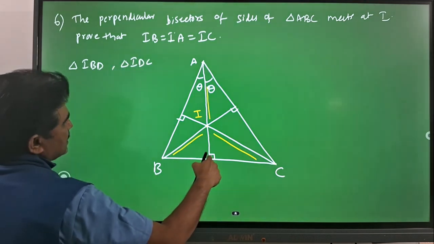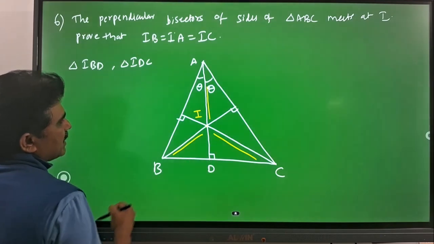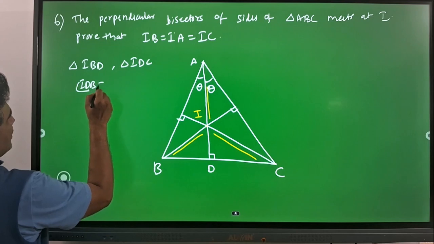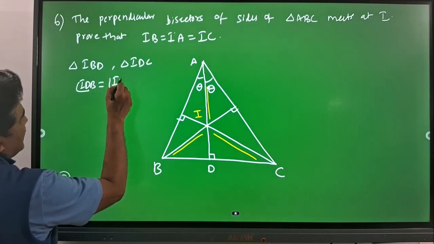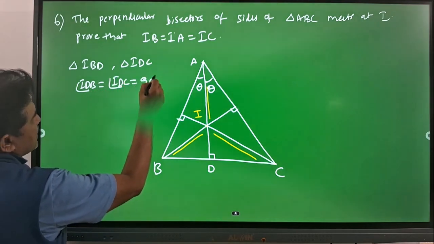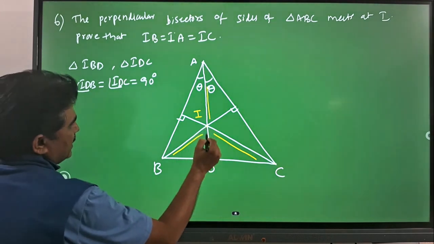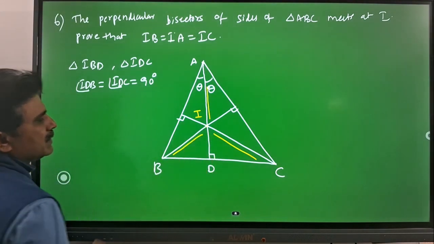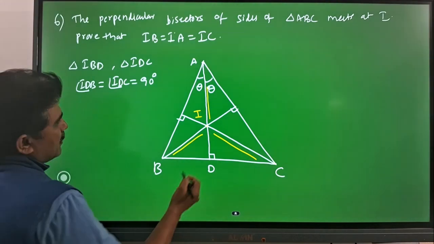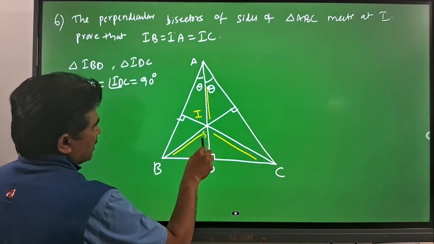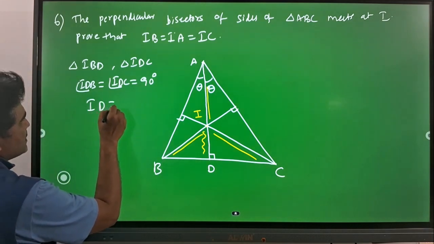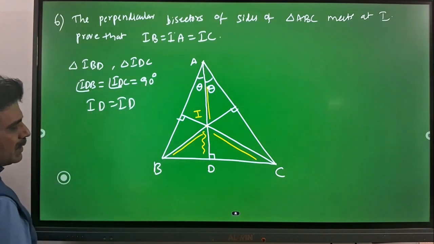Here it is 90 degrees, so here also you will get 90 degrees. So angle IDB will be equal to angle IDC, which is 90 degrees. And one more, there is a common line for those two triangles, which is ID. ID is equal to ID.